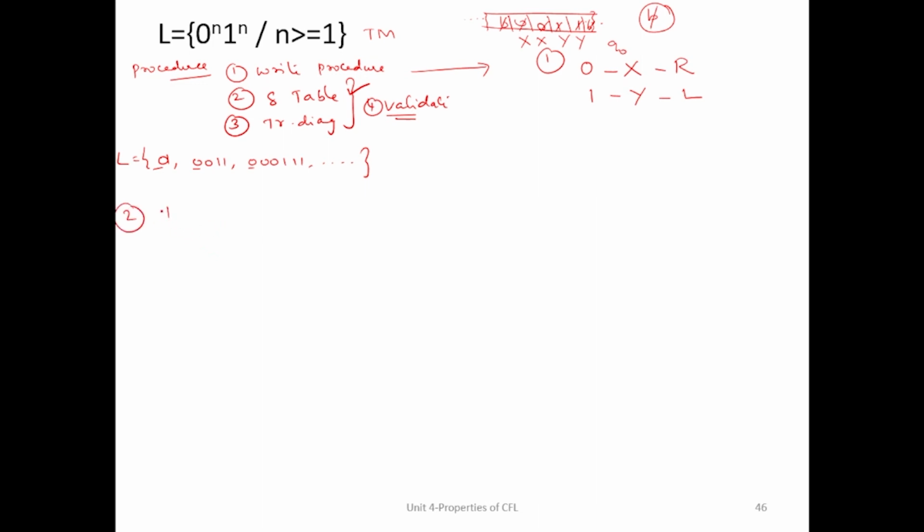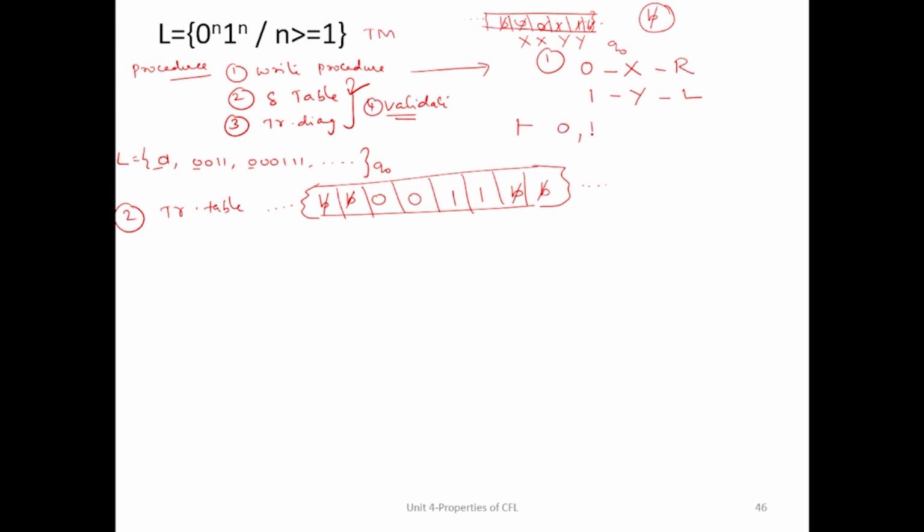The second step is to construct a transition table. Consider the tape, where I store these values. This is the valid input string on an infinite length of tape with the current symbol. The initial state is Q0. The tape symbols are represented by tau.